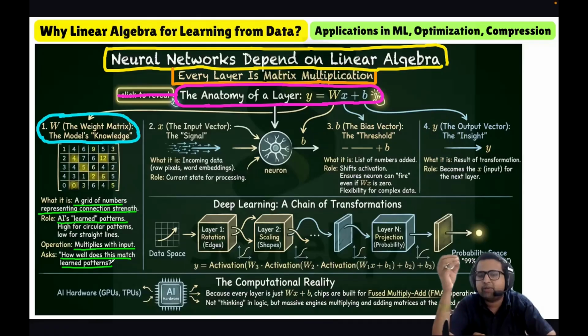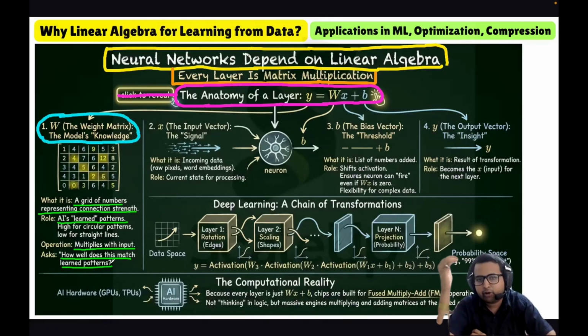And if the difference between the predicted value and the actual value is large, it means the model's knowledge is not up to the mark. There is a need for more training.